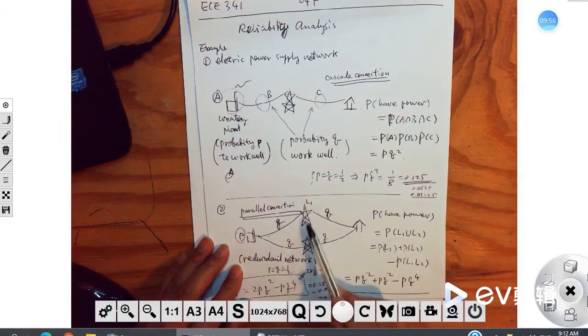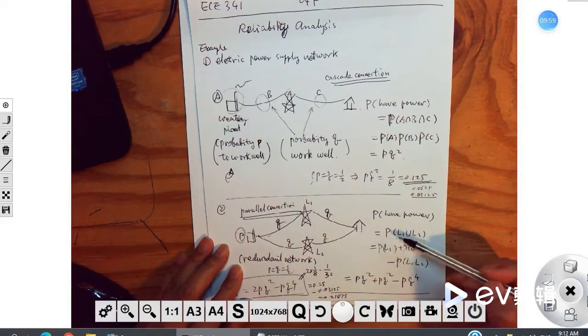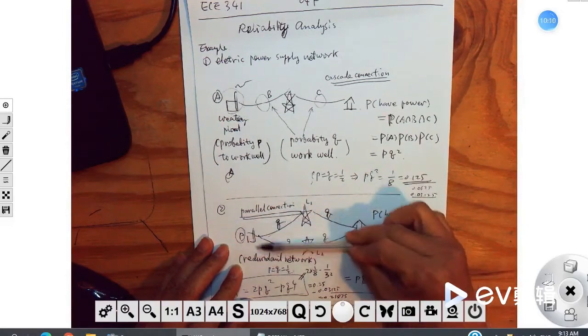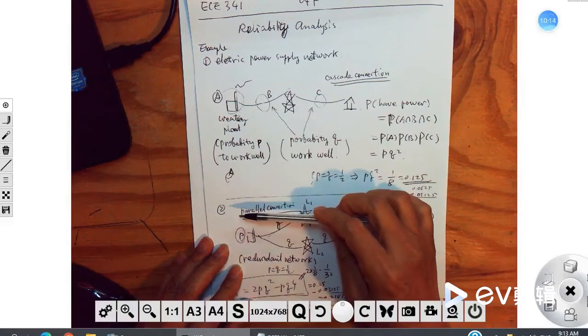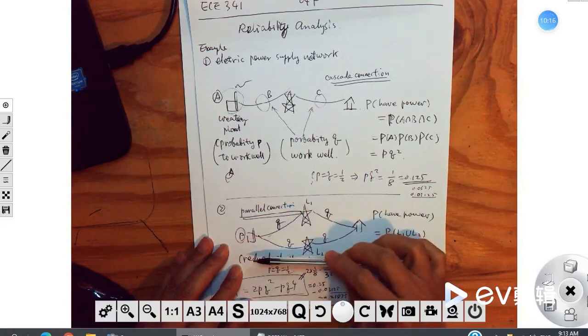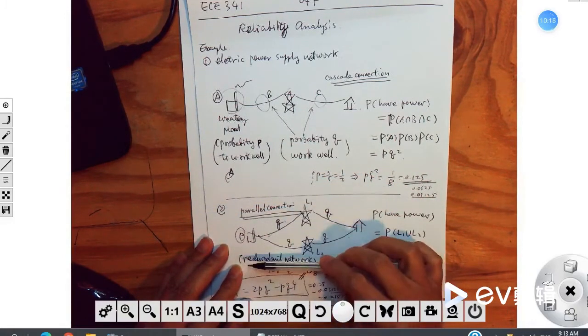And in the parallel way, we have two paths, right? Two paths, they connect in parallel. So the whole thing works equal to one works or the other one works. So here I have upper and lower two paths. So it is the upper road works or the lower road works, right?